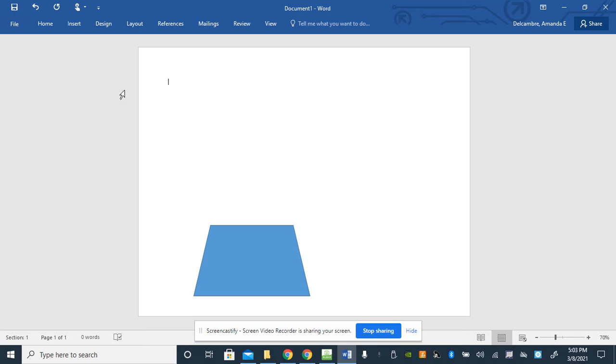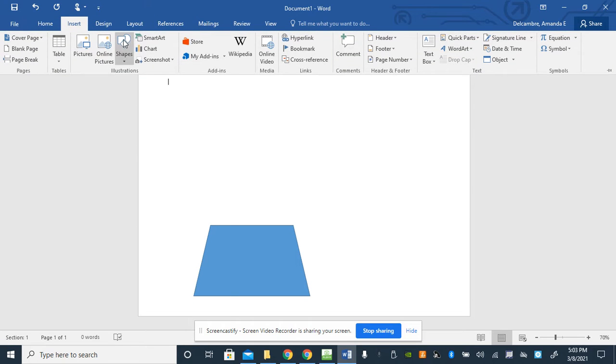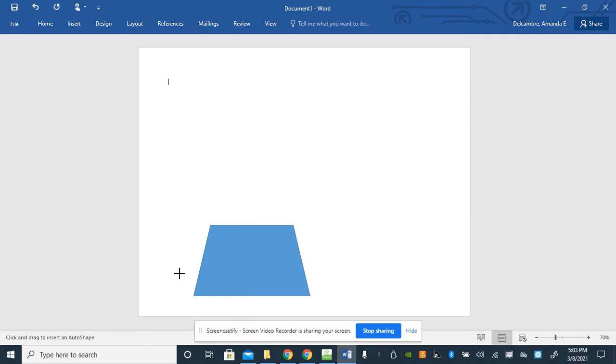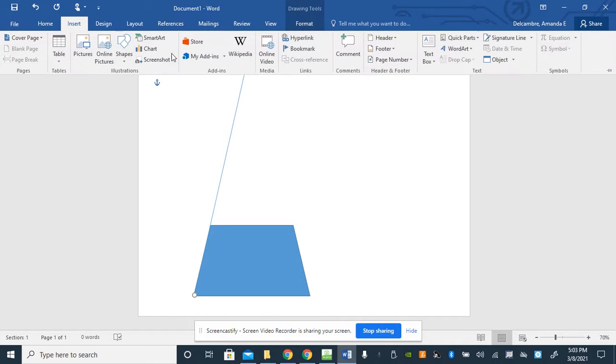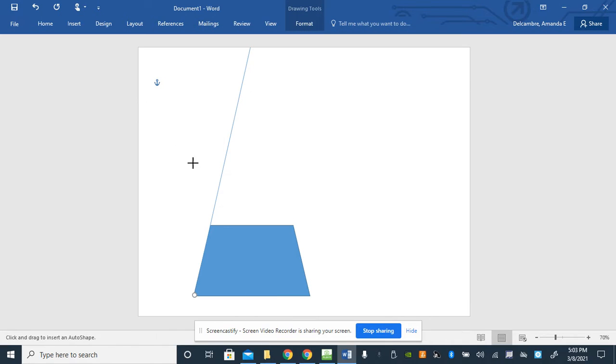And again, when I told you it looks like a triangle that got its top chopped off, if I take this line and line it up right there, and continue that line, and then draw another line by inserting another shape, again starting here.